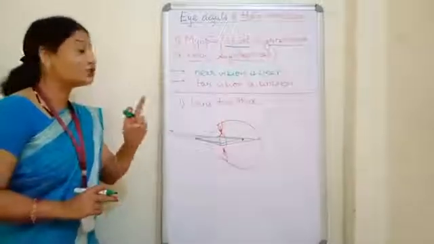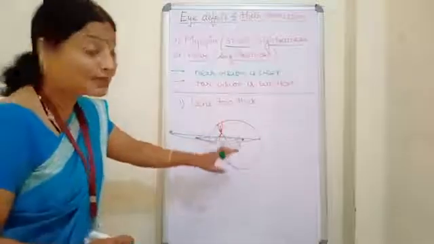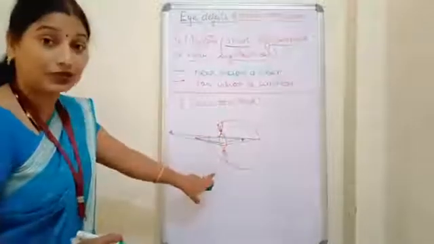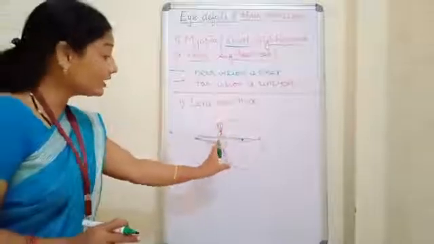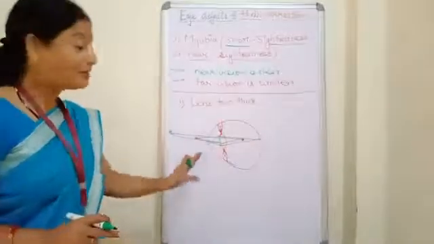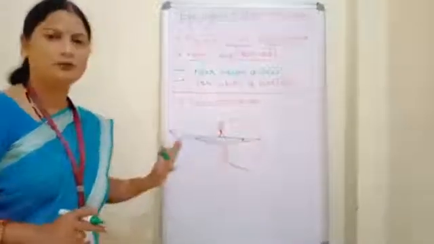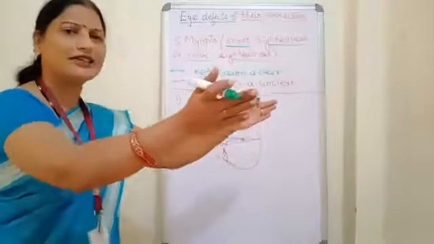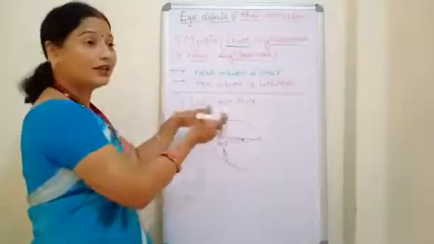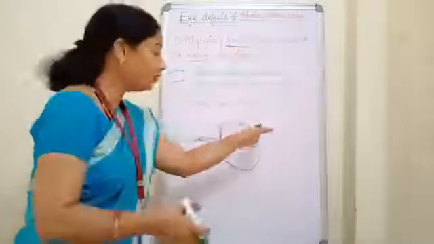This is the first situation of myopia, that when our lens has become too thick, then it has increased the power of convergence. For the near side, there is no problem because the rays are already in the diverged form. If they go to the lens, they will converge and fall on the retina.